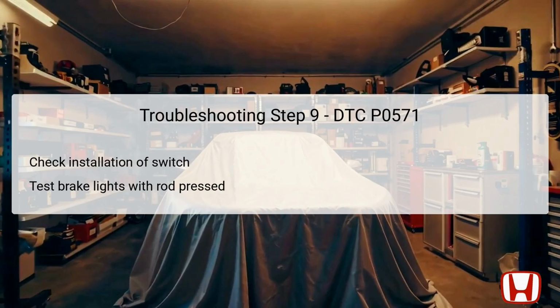During the 9th step, the focus shifts to checking the installation of the brake pedal position switch. You will remove the switch while keeping the connector attached and observe the behavior of the brake lights when the rod of the switch is pressed. If the brake lights turn off while the rod is depressed, this indicates an improper installation or adjustment of the switch, which should be corrected to ensure that the system operates smoothly.